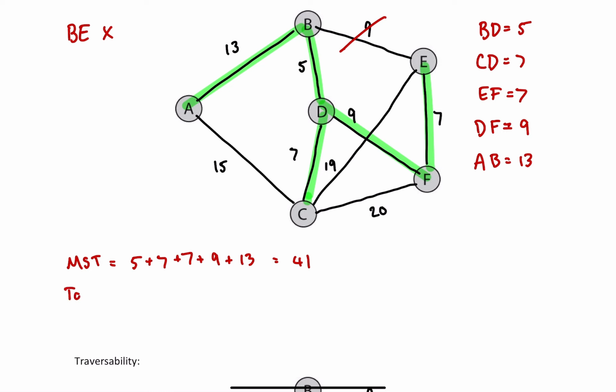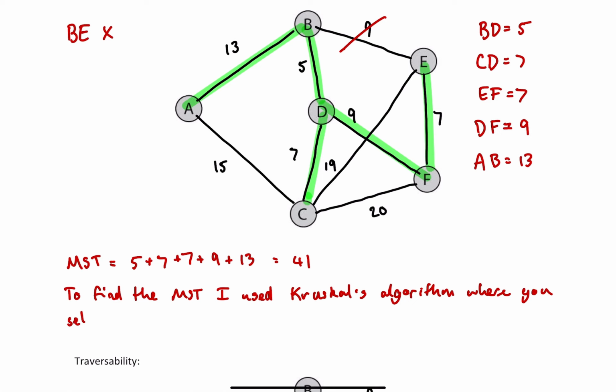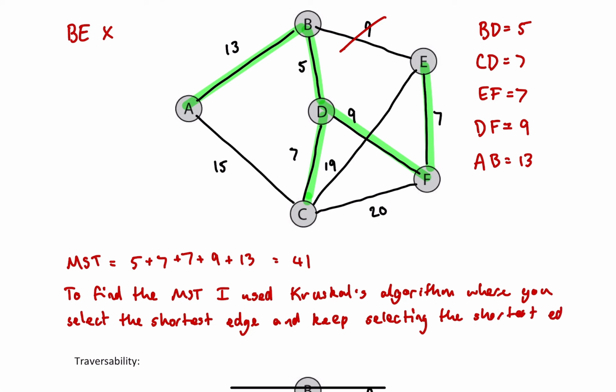So to find the MST, I use Kruskal's algorithm, where you select the shortest edge, and keep selecting the shortest edge or shortest edges without creating loops until all nodes are connected.